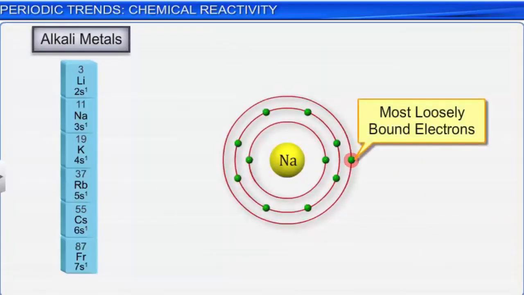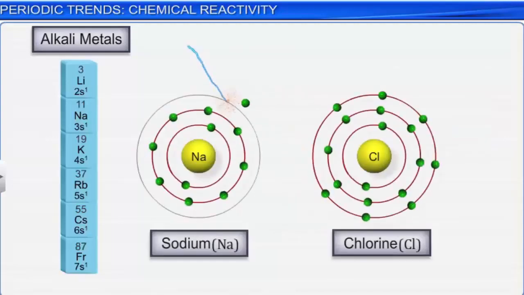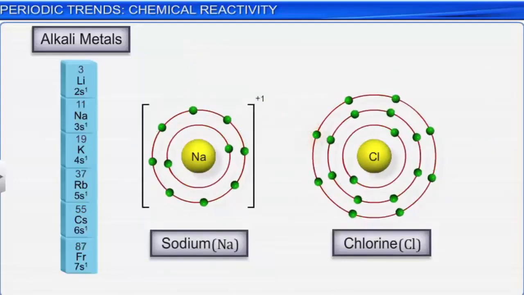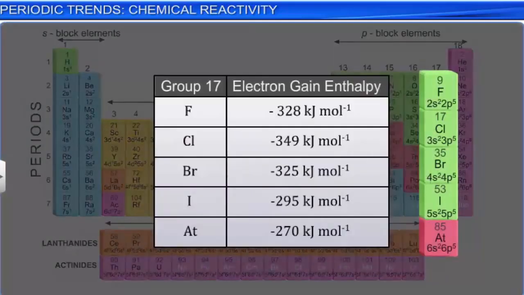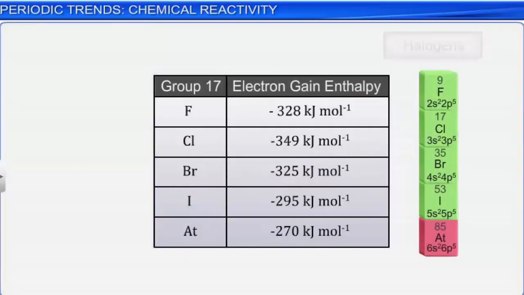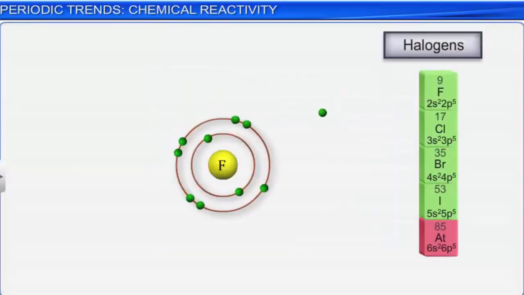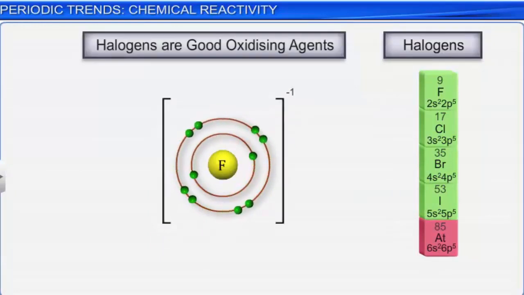In other words, alkali metals are good reducing agents and are highly reactive in nature. The most negative electron gain enthalpy being attributed to halogens indicates that halogens behave as good oxidizing agents and exhibit high chemical reactivity.